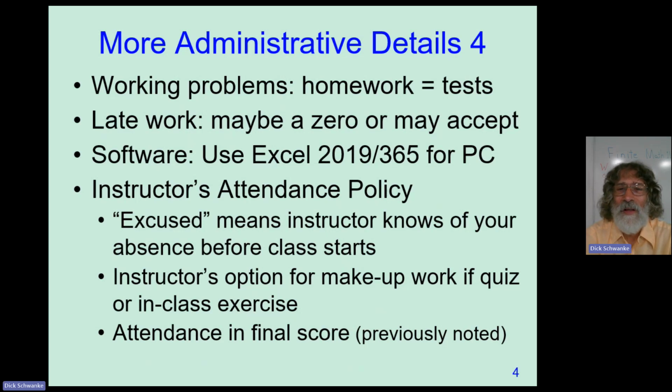Most people score really well on that. Late work, well, I have the option of giving you a 0, or I might accept it. I have an attendance policy. The key word there is excused absence. Excused means I know about it ahead of time, no matter how lame the excuse actually is. I have the option to give you makeup work if there was a quiz or an in-class exercise.